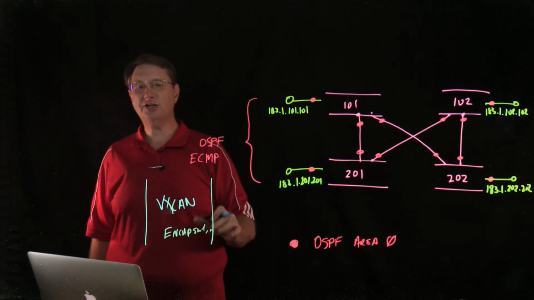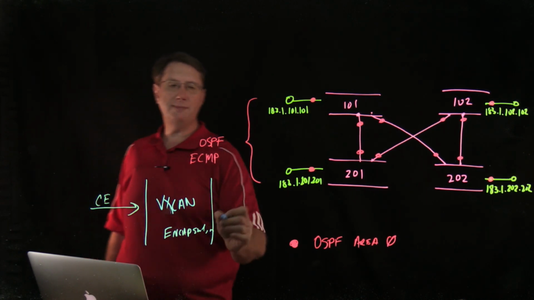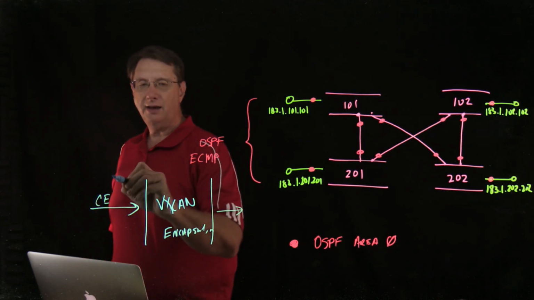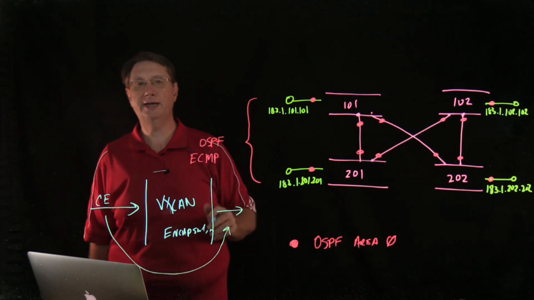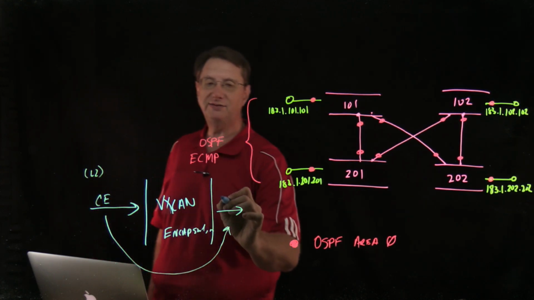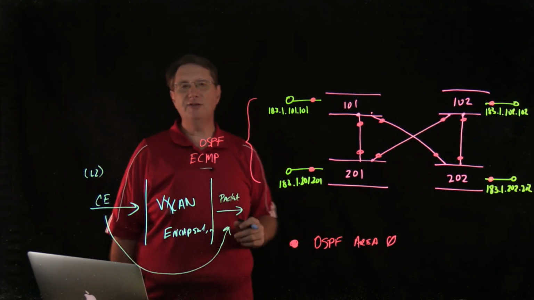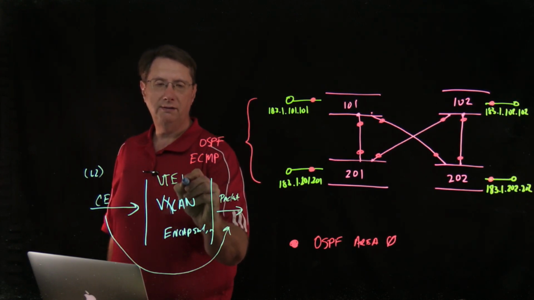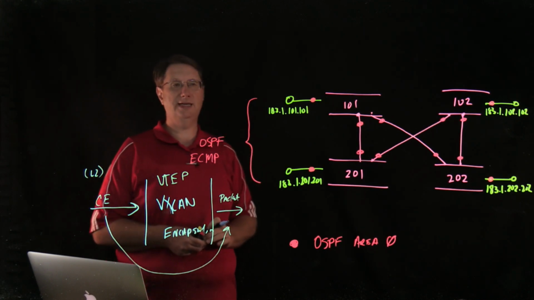VXLANs take classic Ethernet information and encapsulate it with an outer VXLAN header. They take constructs from the inner header and then re-encapsulate it. So here it's coming in as a layer 2 frame, and here it leaves as a VXLAN packet. This process takes place using something called our VTEP, our VXLAN tunnel endpoint.